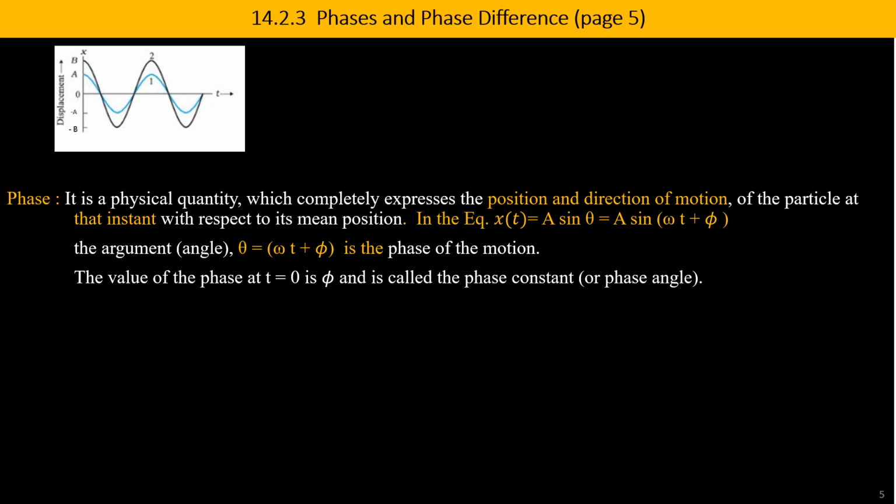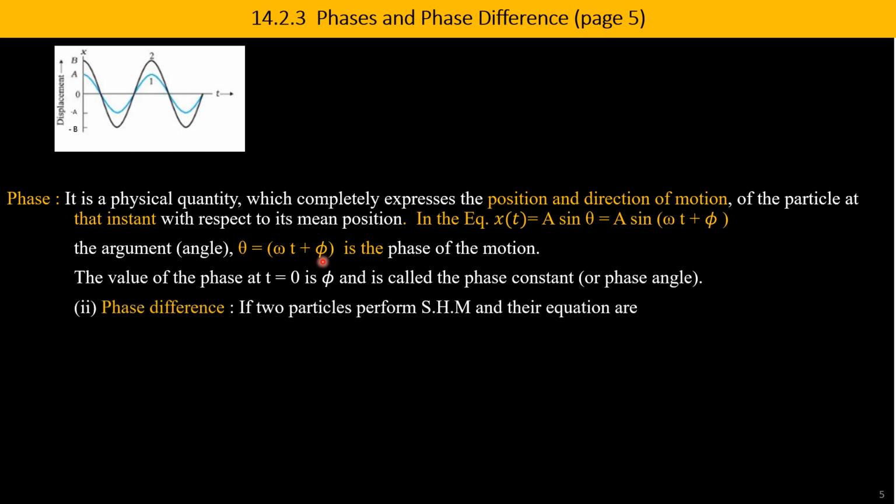The value of phase at t equal to 0: if you put t equal to 0 in omega t plus phi, then phi is called the phase constant or phase angle. If the amplitude is known, phi can be determined from the displacement at t equal to 0. Two simple harmonic motions may have the same amplitude A and omega but different phase angle, as shown in figure B.